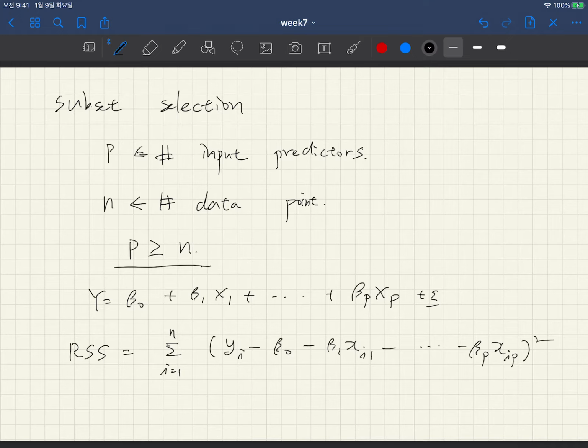We can perfectly fit the yi using the p plus 1 parameters, beta 0, beta 1, up to beta p. Since we only need to fit n data points and n is less than p, we can make RSS equal to 0.